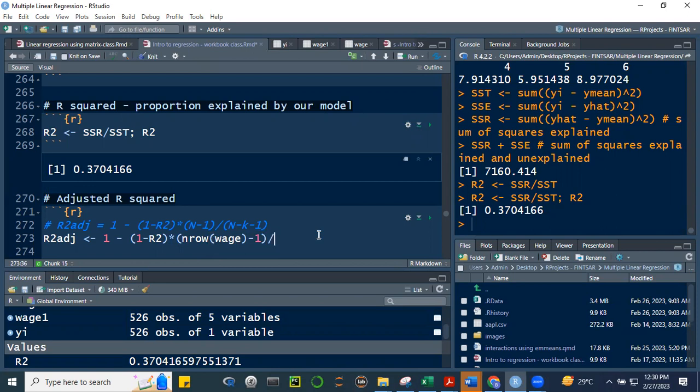Ingat na naman tayo dito. No? So let me put it in a bracket na lang, no? Para clear. N row ni wage minus, so this is your n. Yung k natin, okay, again class, ang k natin is yung number of predictors natin.